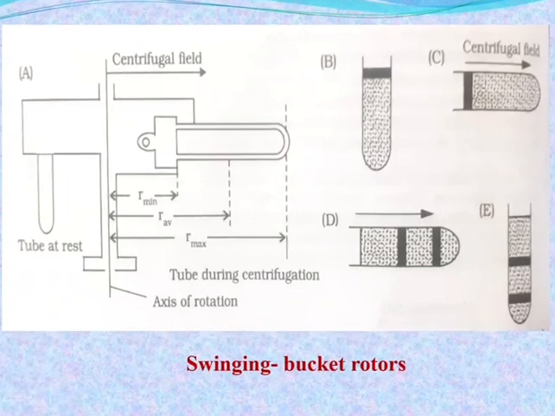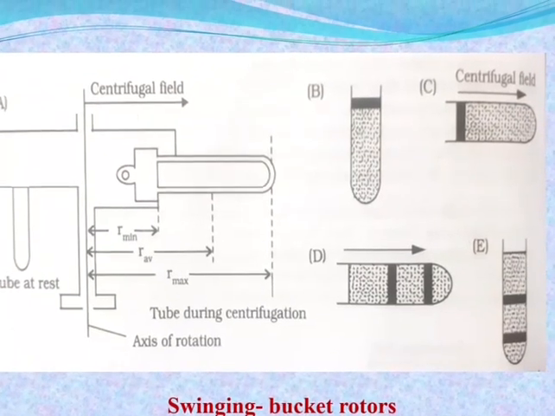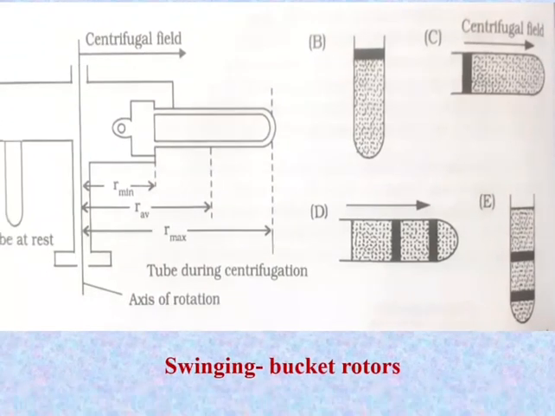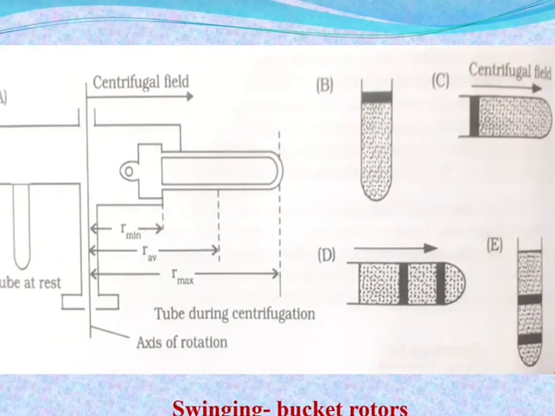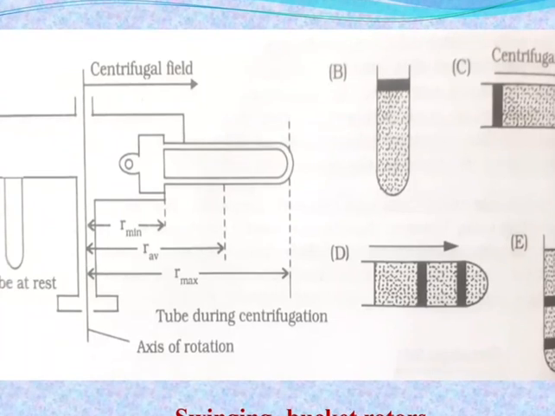We can understand the process of centrifugation in swinging bucket rotors in this figure. Figure A here shows the cross section of a typical swinging bucket rotor. Again, this is the axis of rotation, this is the centrifugal field, and this is the tube, the centrifuge tube.